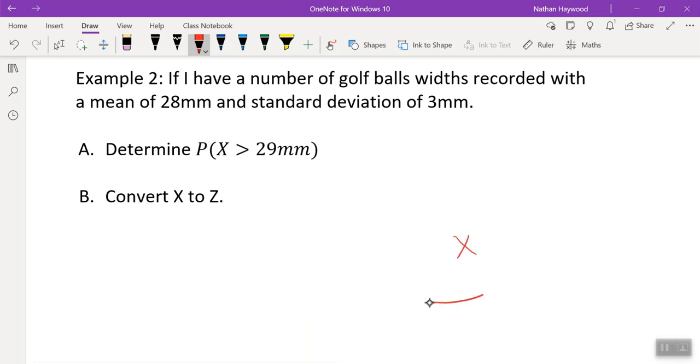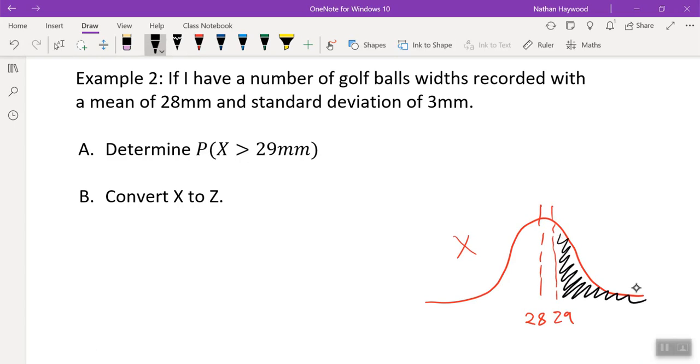If the mean is 28 and it wants us to find greater than 29, it's symmetric around the mean, so what's on the other side? 27.